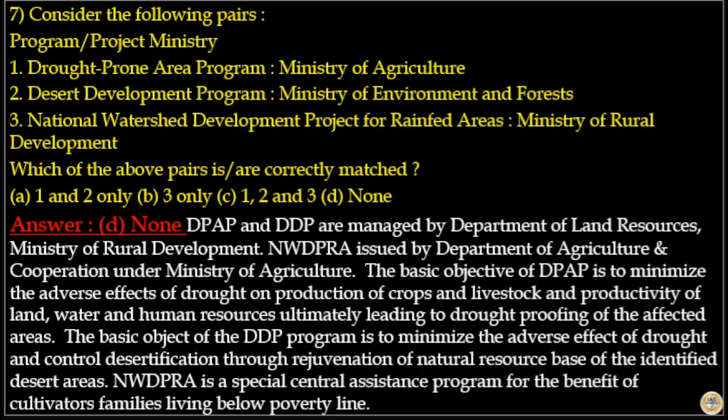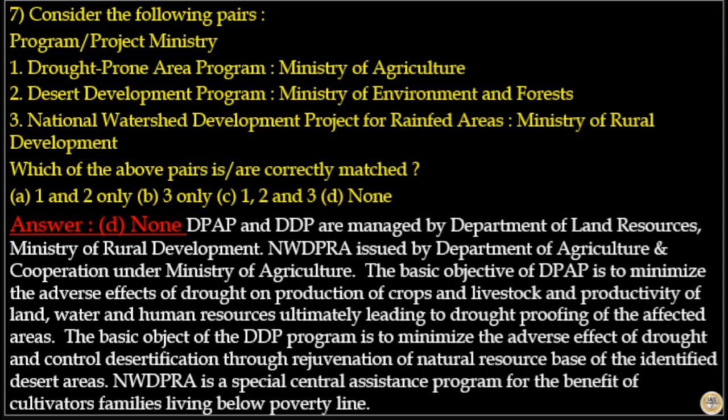The basic objective of Drought-Prone Area Program is to minimize the adverse effect of drought on production of crops and livestock and productivity of land, water and human resources, ultimately leading to drought-proofing of the affected areas. The basic objective of the Desert Development Program is to minimize the adverse effect of drought and control desertification through rejuvenation of natural resources base of the identified desert areas.